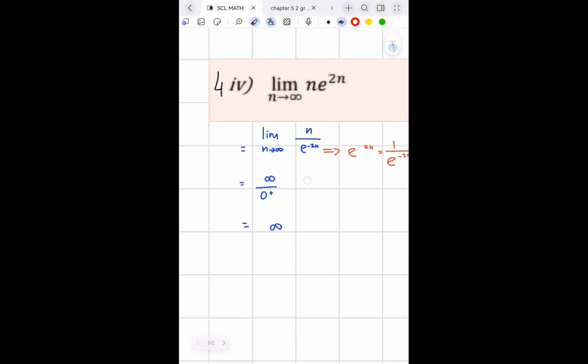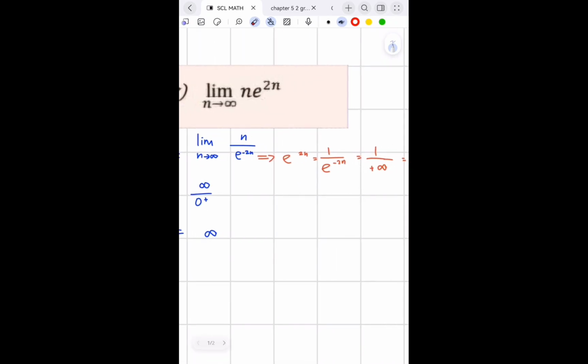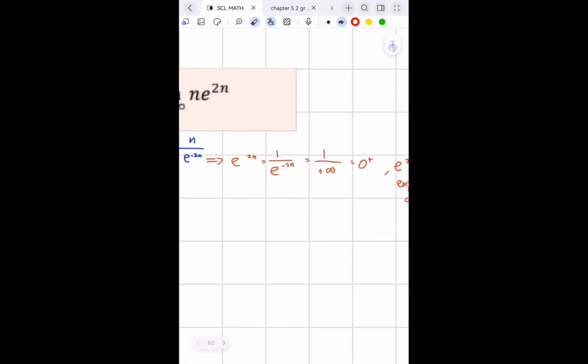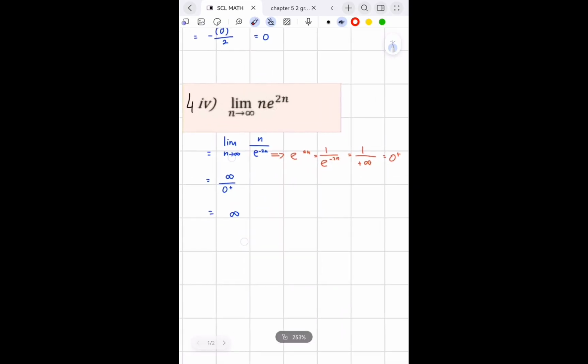Okay, so we substitute infinity for n, so infinity here, then 0 plus here, so infinity over 0 plus, the final answer is infinity.